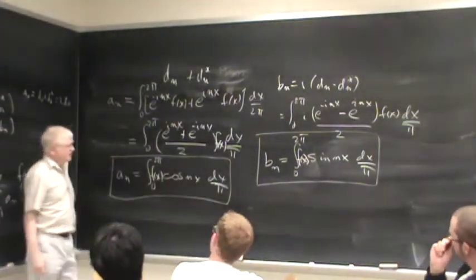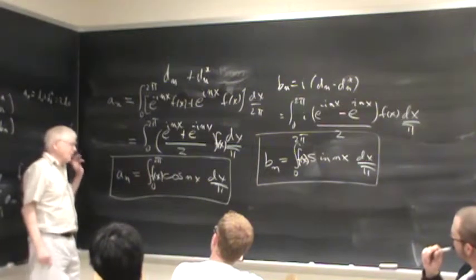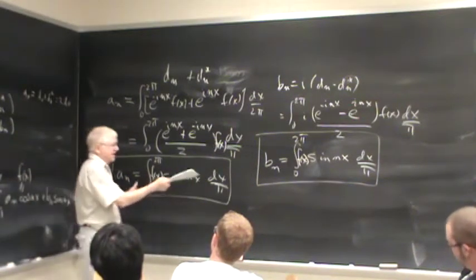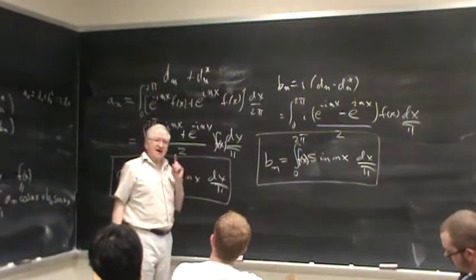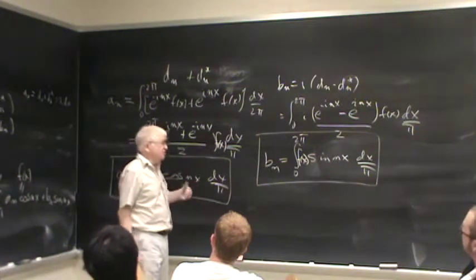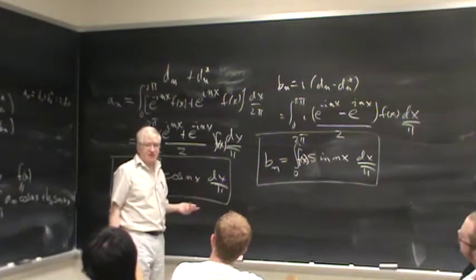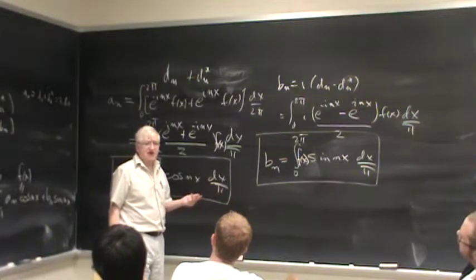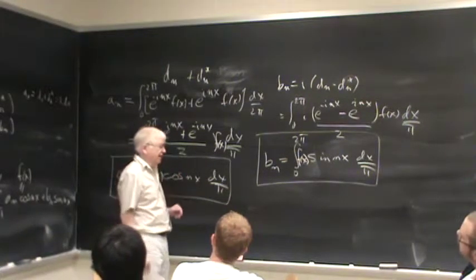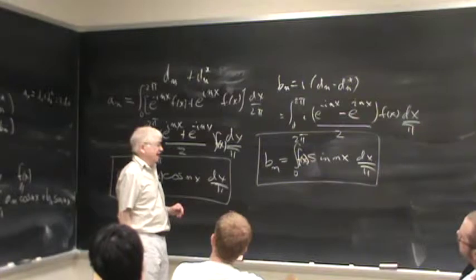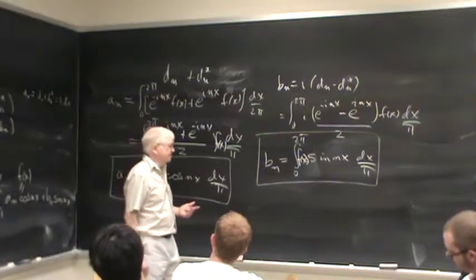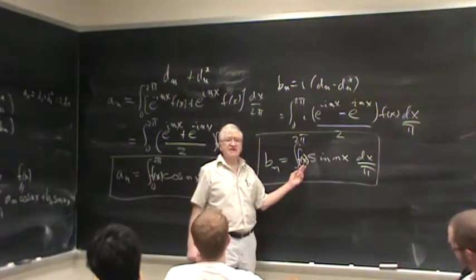So if f is a real function, it is probably simpler to do the sine and cosine integrals. If f is a periodic function, you can choose the interval. You can use any old interval of length 2 pi. And consequently, let us suppose that f is an even function.